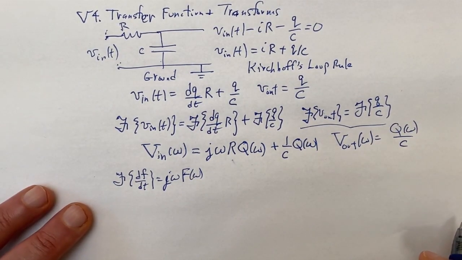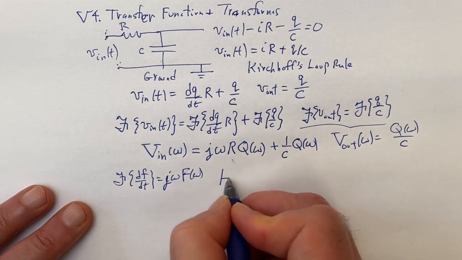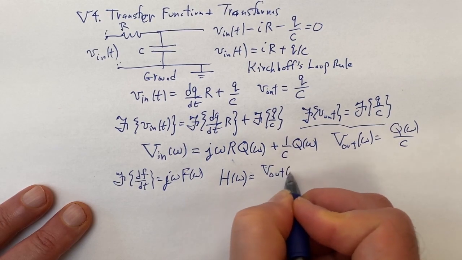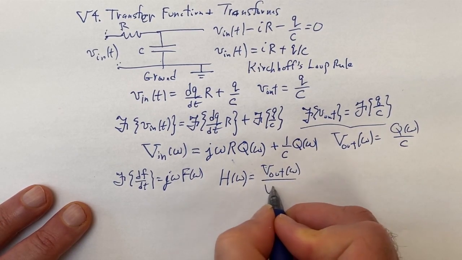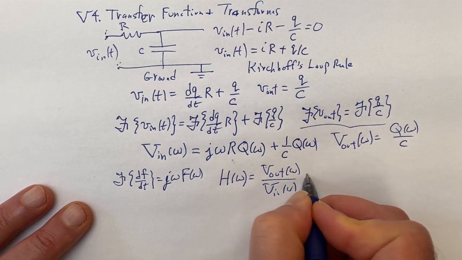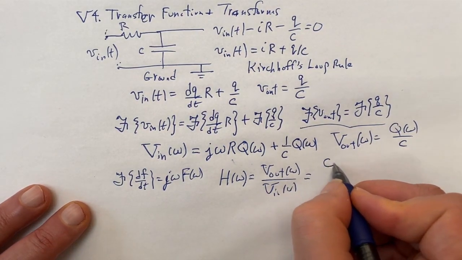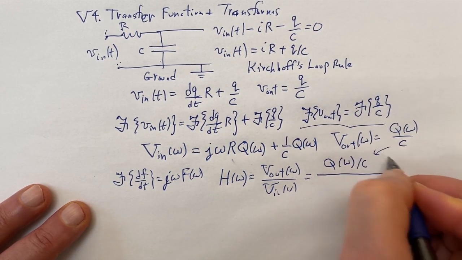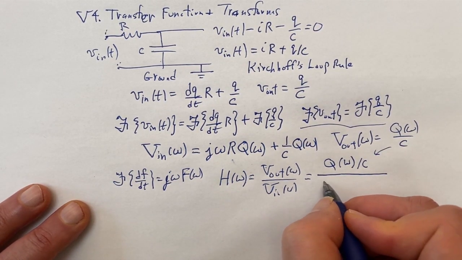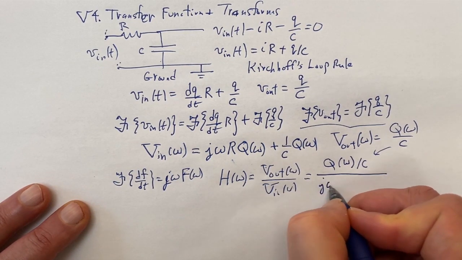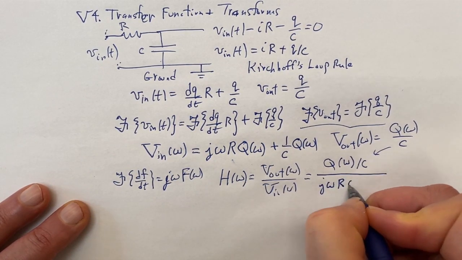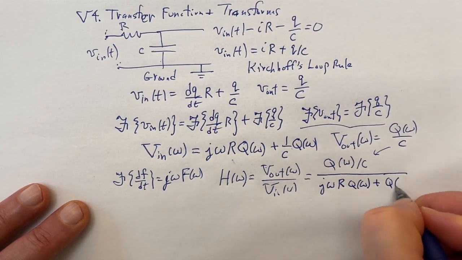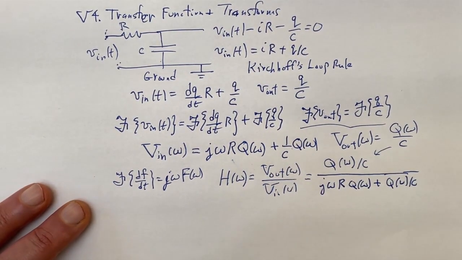Now watch this trick. Take H of omega as the ratio of the output in transform space over the input in transform space. Then you get Q of omega over C in the numerator. And in the denominator, you have j omega R times Q of omega, and then add Q of omega over C. All the Q's disappear.